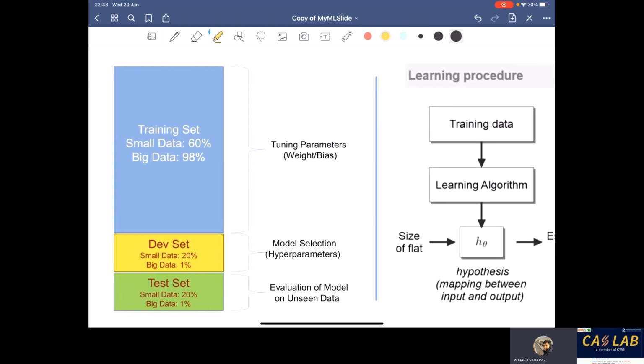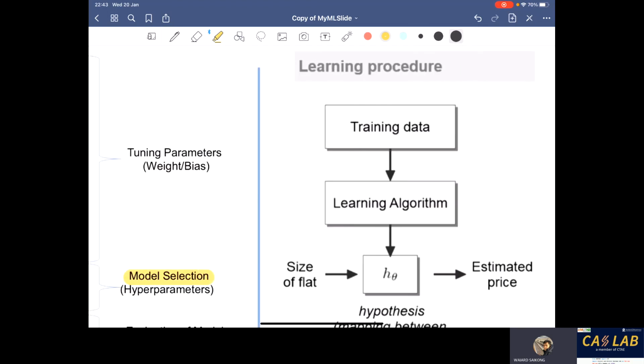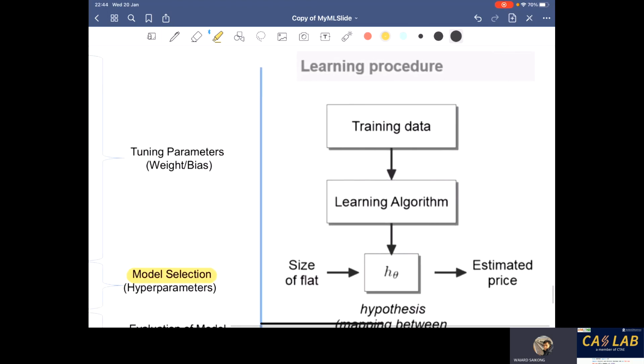The dataset. We can divide the dataset into a training set for tuning parameters, maybe about 60% of all data for small data and around 98% of all data for big data. And the test set is for evaluating the model, or the dev set for model selection. Okay, the learning process is like this.